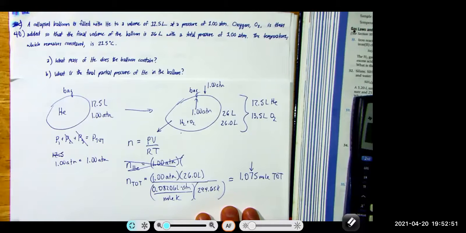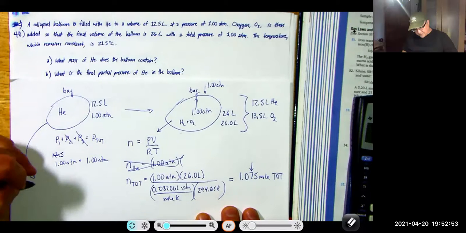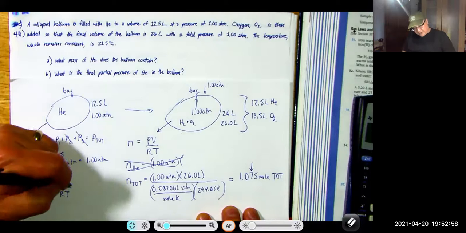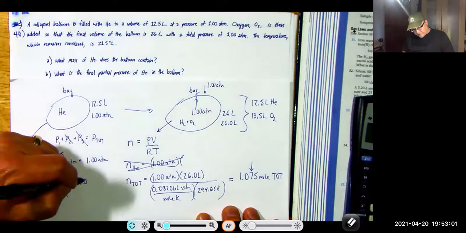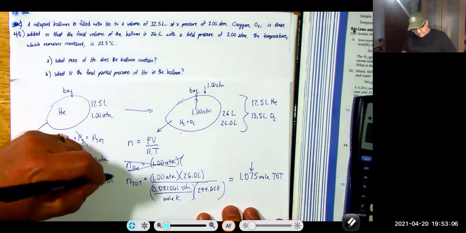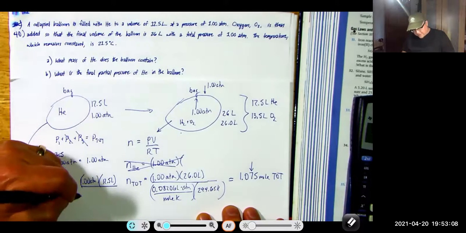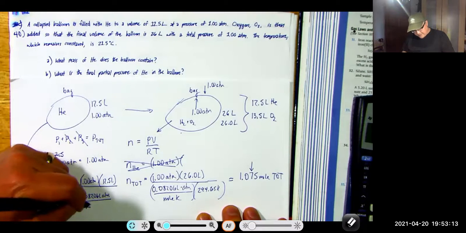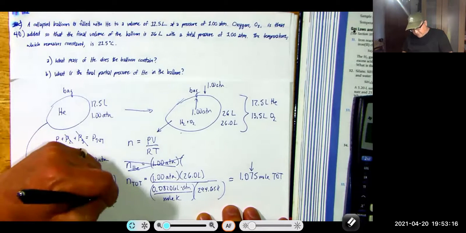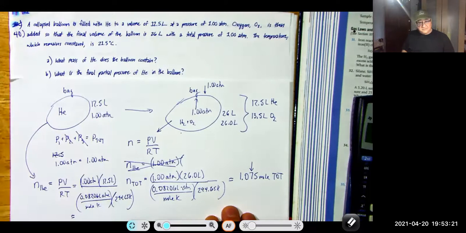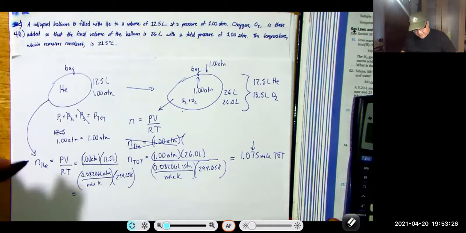Okay. Now, what am I going to do here? The moles of helium is equal to PV over RT, which is 1.00 atmospheres times 12.5 liters over 0.08206 liter atmosphere per mole K times 294.65 K. So how many moles of helium do we have here?